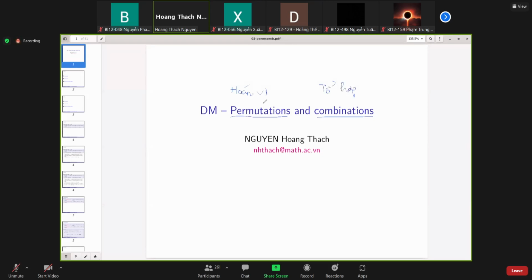We will see what permutations and combinations are. They're important objects in combinatorics. And then in the third part of the lecture, we will look at some nice identities involving permutations and combinations.